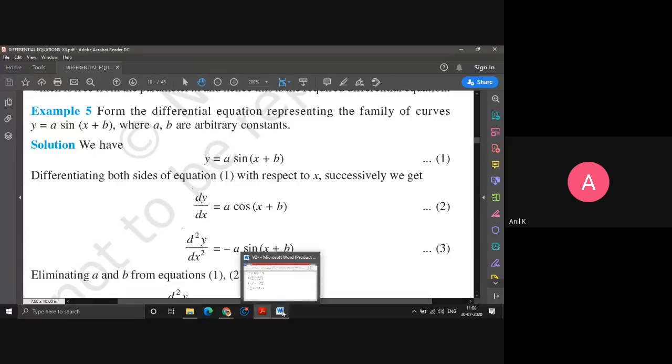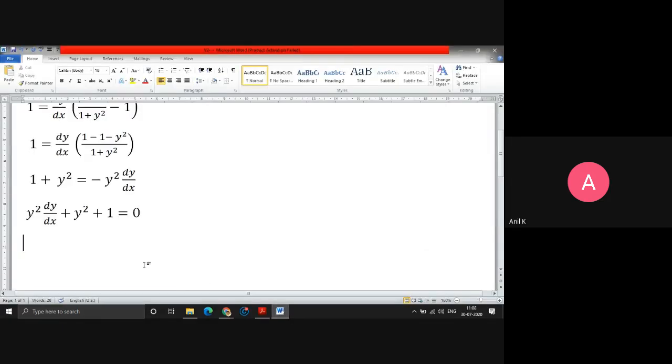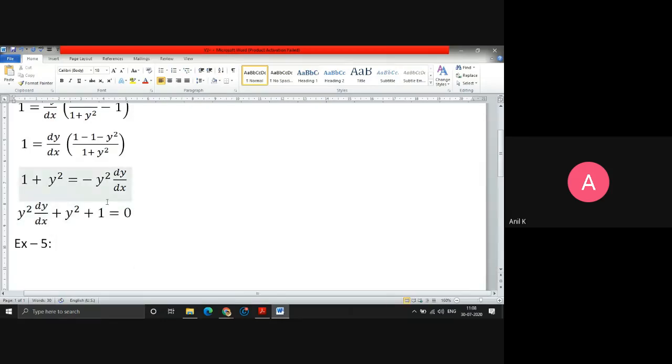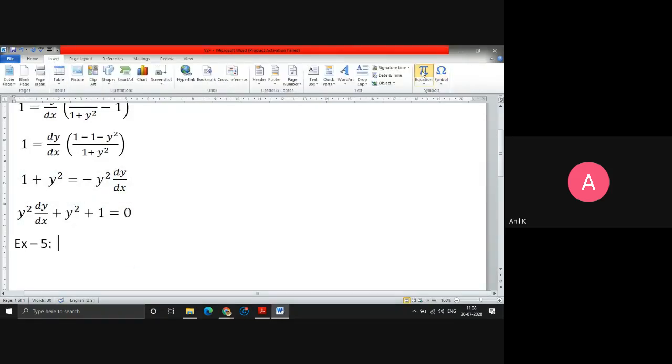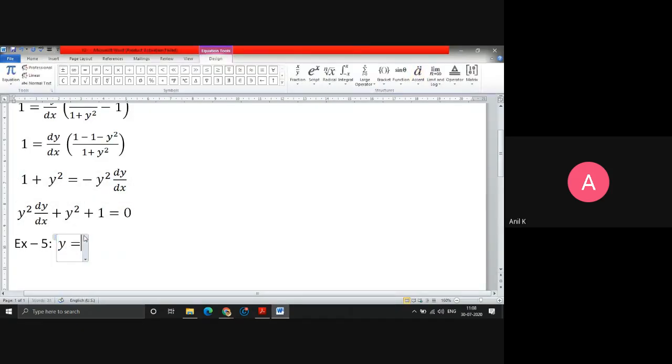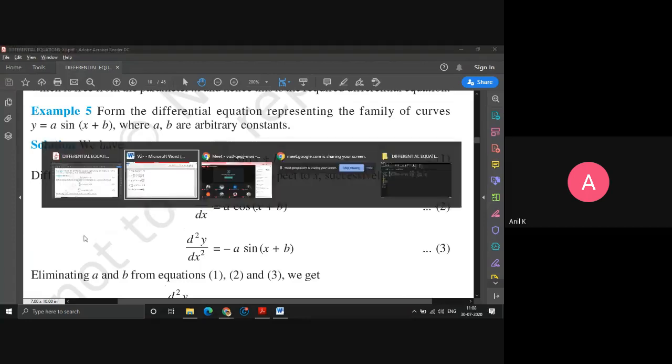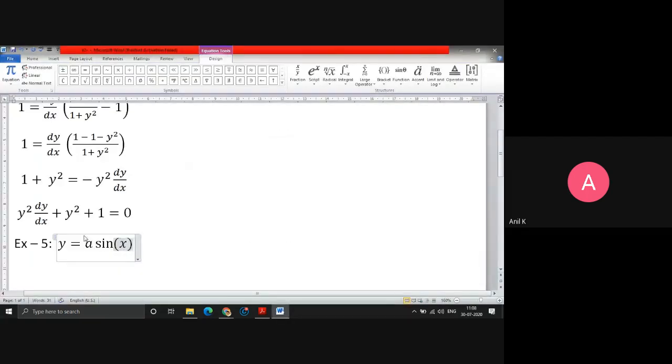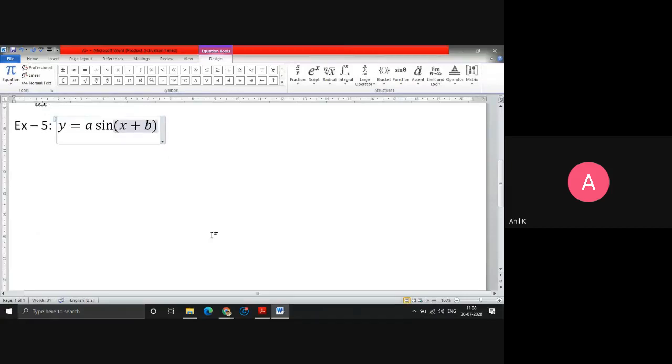So let me take y equals a sine, example 5. Let me insert the equation: y equals a sine (x plus b). So this is our solution.